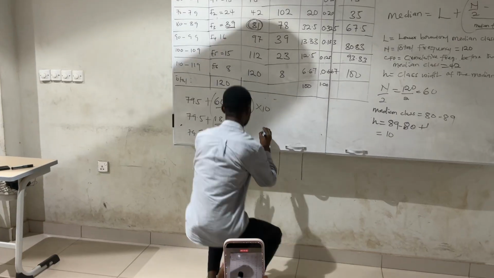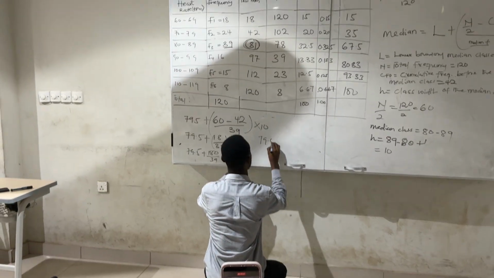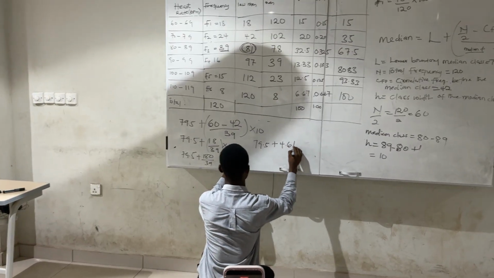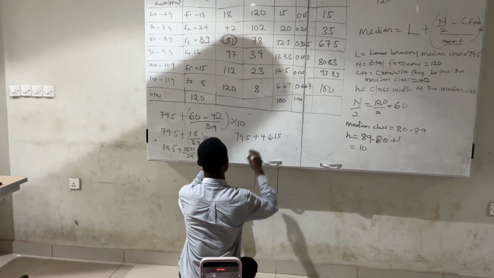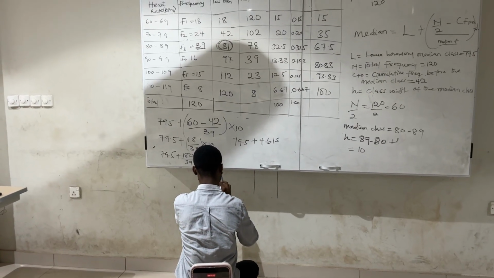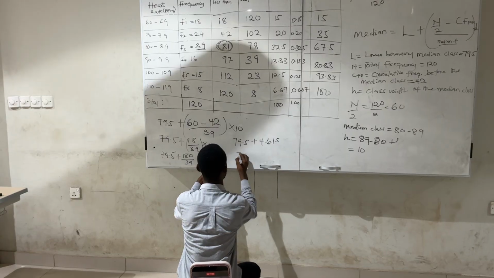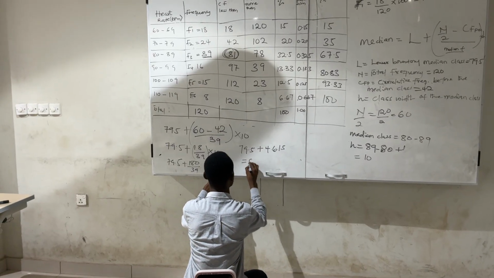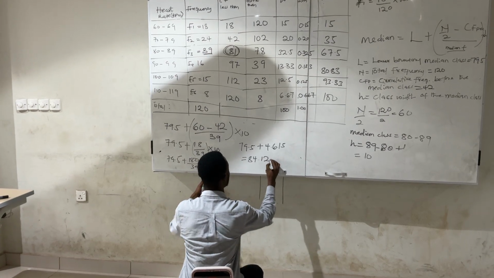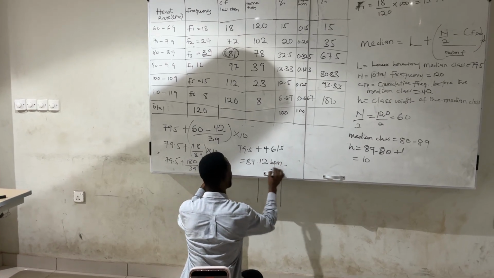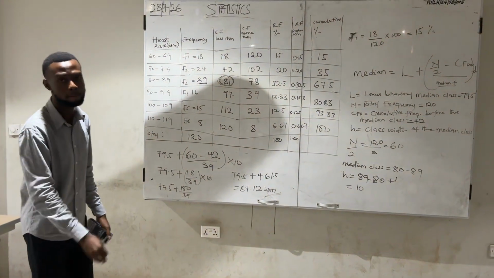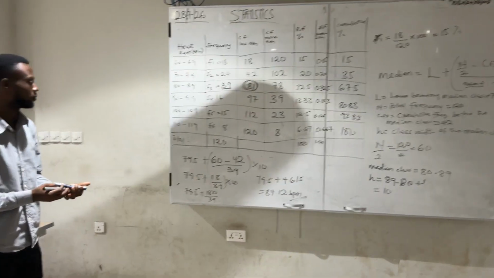So we will have 79.5 plus 4.615. Adding it to 79.5, our answer, or our median, will be 84.12 BPM. That's the unit. So therefore, we have our median to be 84.12 BPM.